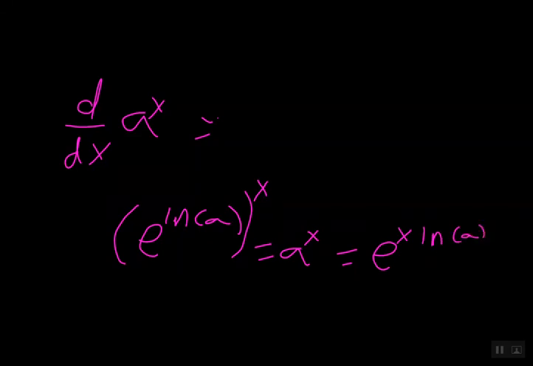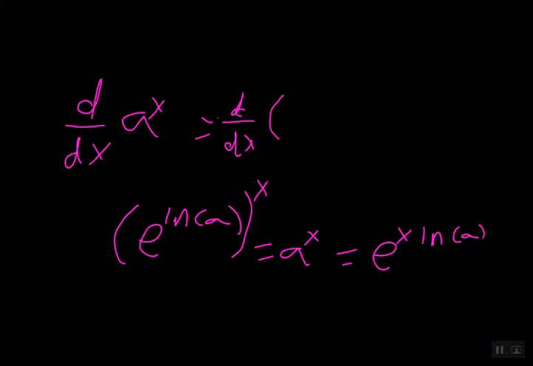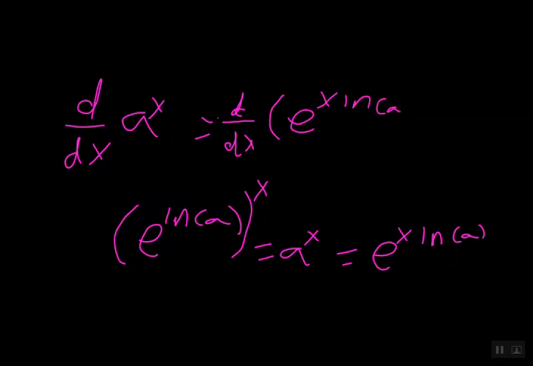Since a is a constant, the natural log of a is a constant, and this is just a basic application of the chain rule. Hopefully you see how I got this. If you didn't, rewatch it a few times and review your properties of logarithms. It should be fairly easy. The derivative of a to the x is the same as the derivative of e to the x times the natural log of a, and the natural log of a is our constant multiple of x.